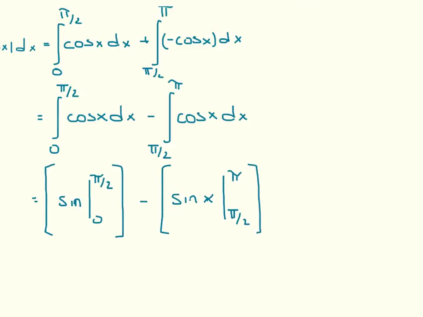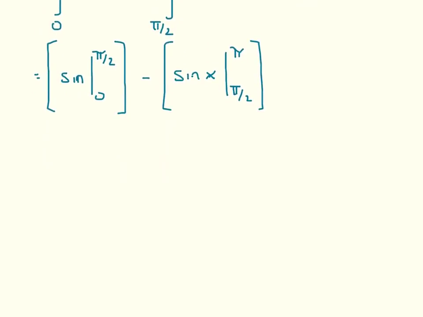And then it's just a matter of plugging in and simplifying. So for our first set of brackets, we're going to get sine of pi over 2 minus sine of 0. Second set of brackets, we're going to get sine of pi minus sine of pi over 2.